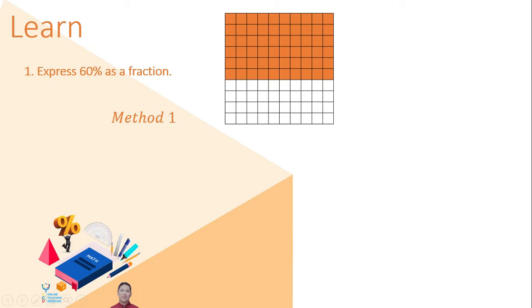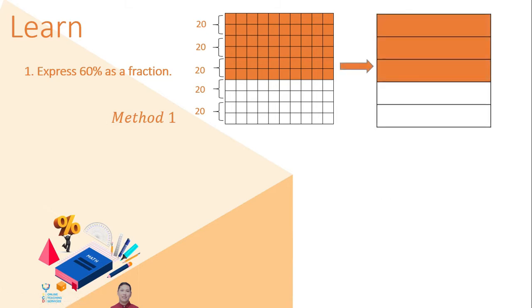If we are going to divide that 100 small square grid by 10, you have 10 of that. And if you are going to divide that 100 small square grids by 20, then you will have 5 groups of 20. Now these 5 groups of 20 can be represented further with another diagram that is projected on the right.